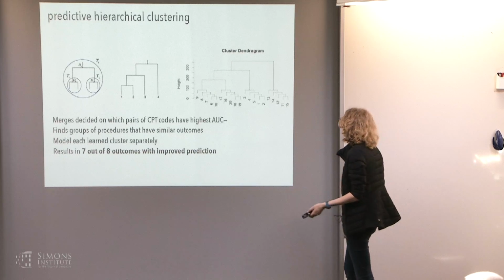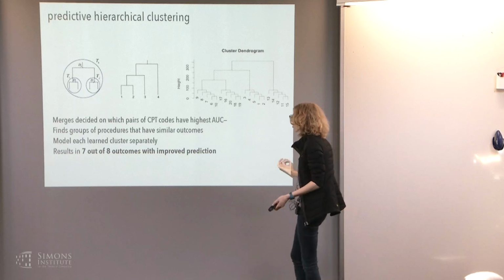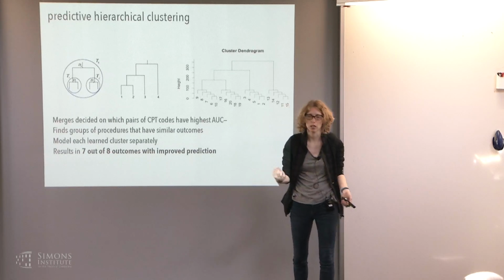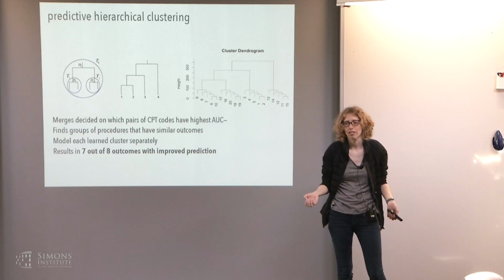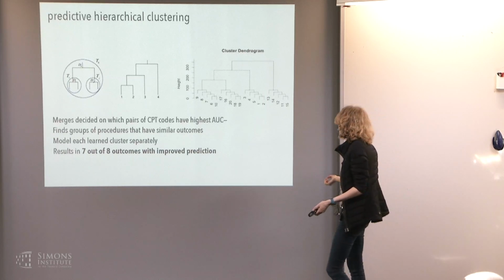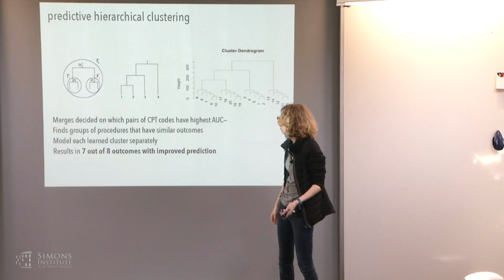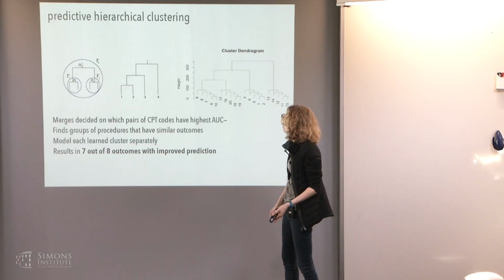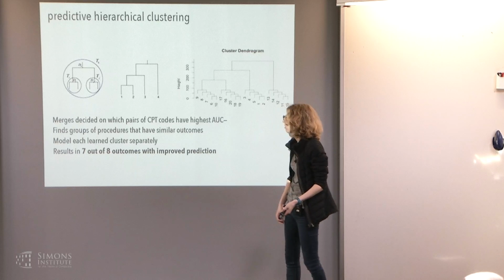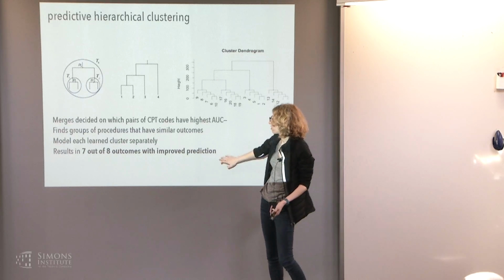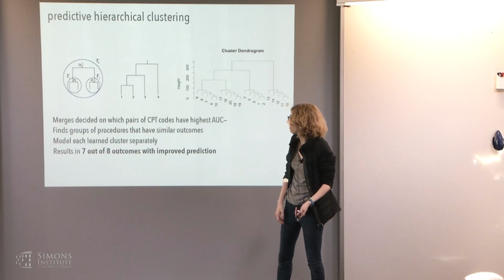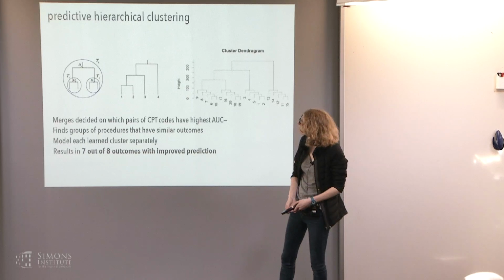So we're looking at merging procedural codes together basically based on what's going to increase our ability to predict surgical complications the most. And doing clustering of procedural codes in this way leads to a modest improvement in 7 out of the 8 outcomes.